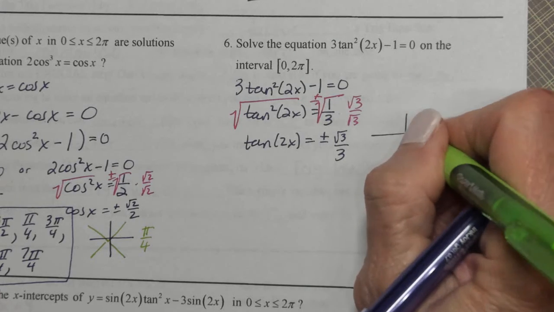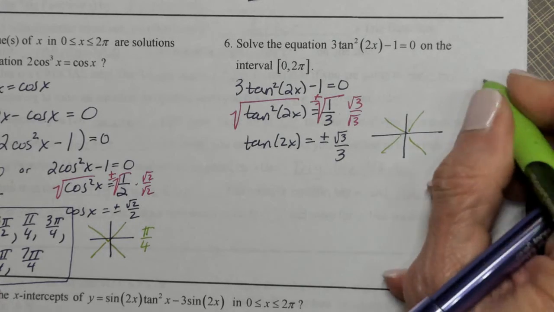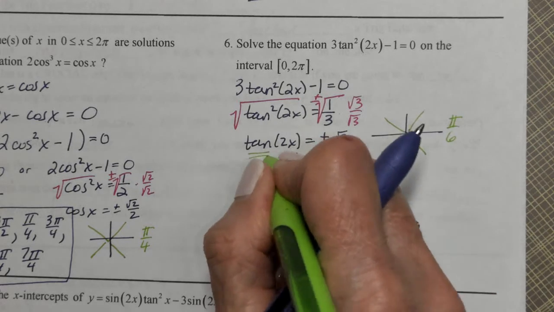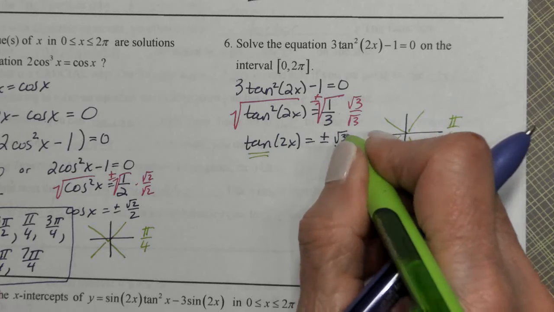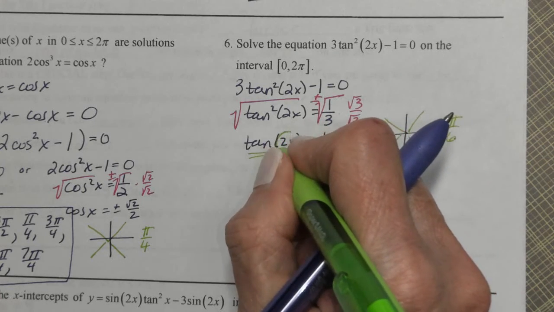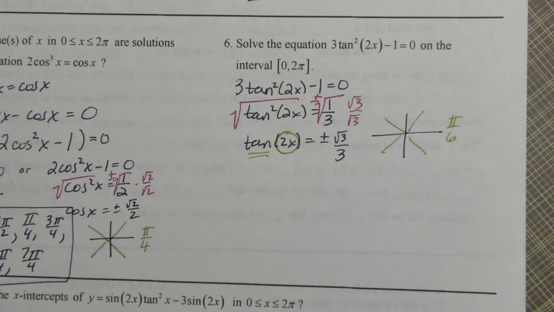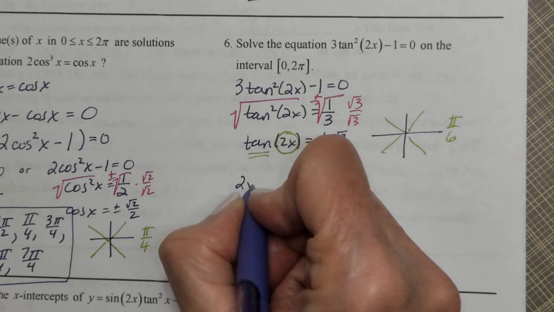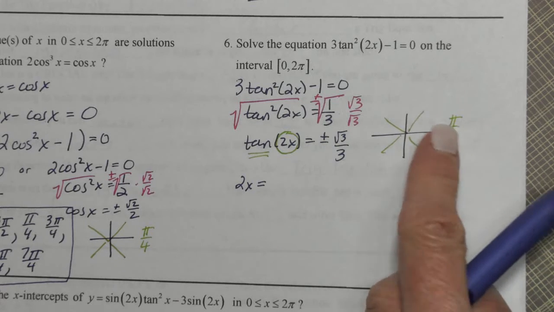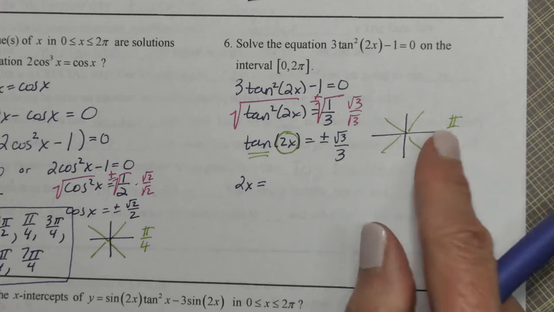All 4 quadrants. And the reference angle, pi over 6, because tangent of pi over 6 is square root 3 over 3. We don't have just a plain x though, so I'm going to need to be careful here. 2x will equal the pi over 6 angles in all 4 quadrants.